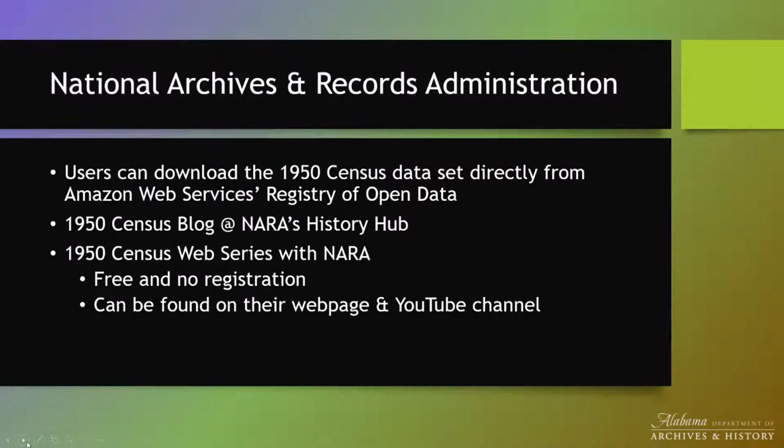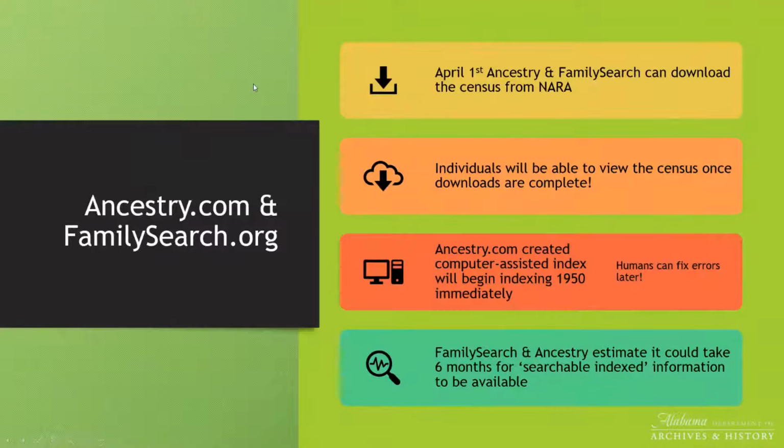people on the census. So Ancestry and Family Search are going to download the census data from NARA on April 1st. And then, from what I could gather, Ancestry has a computer-assisted index that they're going to put it through, and it's going to index the census.